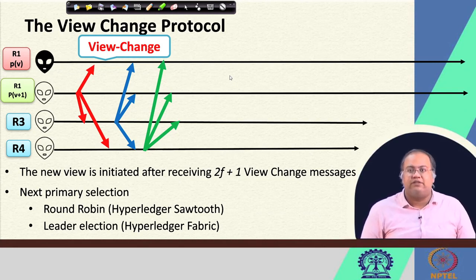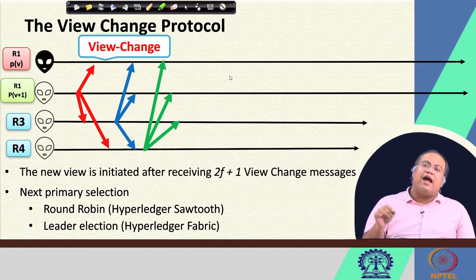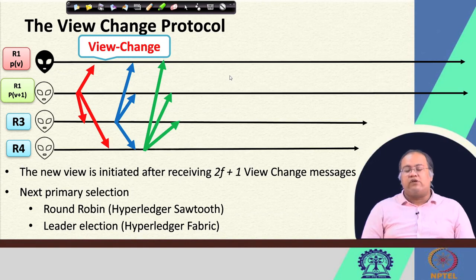How to select the next primary is not discussed in PBFT; it depends on the implementation. What you can do is apply a round robin algorithm to select the next primary. That is used in Hyperledger Sawtooth. It uses a round robin algorithm to select a primary from the replicas, and it is predefined that if replica R fails, then replica R plus 1 is going to be the next primary.